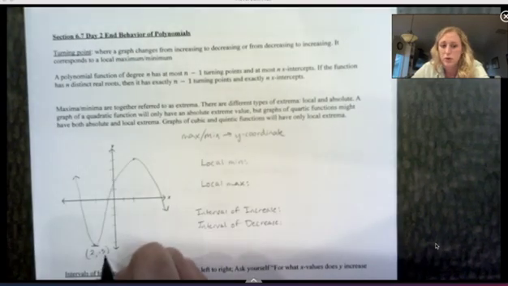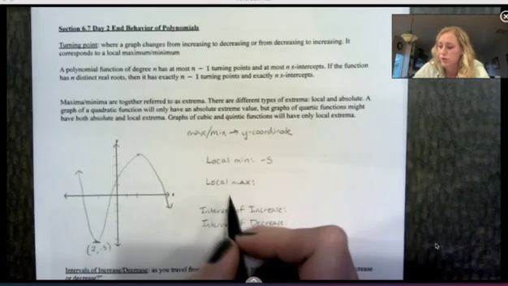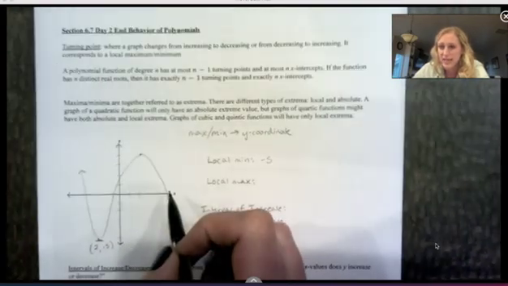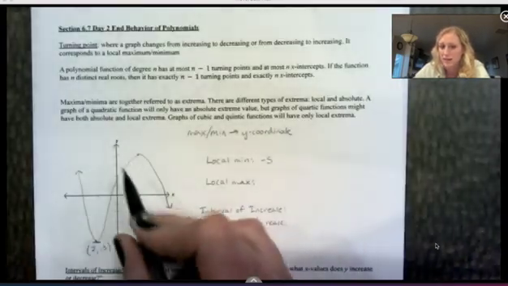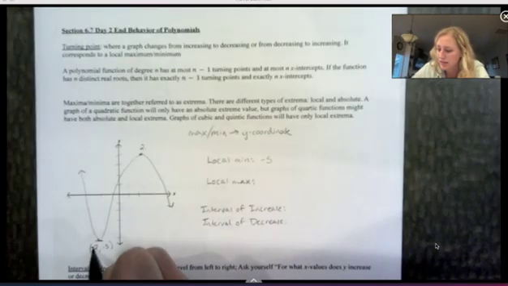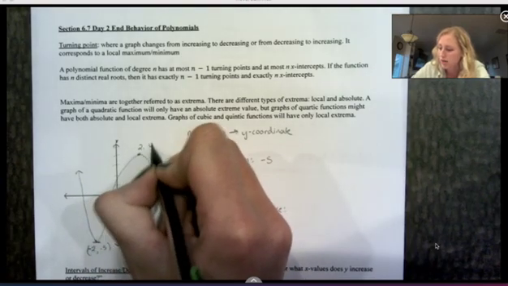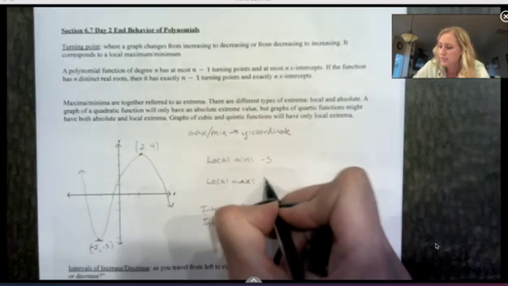So the local min is the y value there, which is -5. The local max, so anytime I have a hill, so min is valley, max is hill. This one has a coordinate of 2, 4. So the local max has a value of 4.